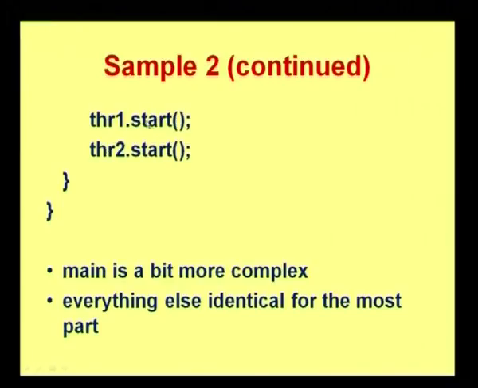Whenever I make this thread start, it means that I am trying to start the object that is passed as a parameter while creating this thread. So, here your main is a bit more complex than your previous case, and everything else is identical for the most part. The only difference is creating an object with a runnable interface, and then passing that object as the argument for your thread creation.